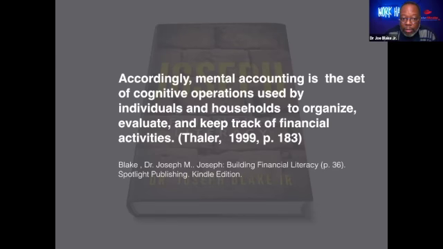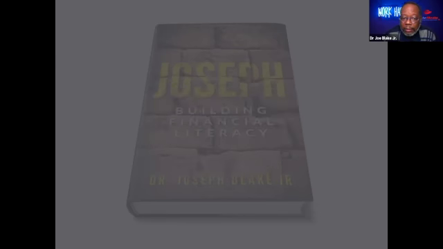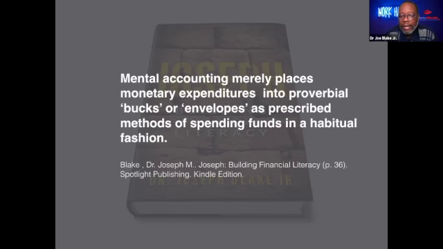With mental accounting, we place monetary expenditures in buckets or envelopes as a means of spending in a habitual fashion. I'm quite sure some of you may have heard of this or done this yourselves: okay, we're gonna put this money over here in this bucket, we'll use this envelope method right here to spend.